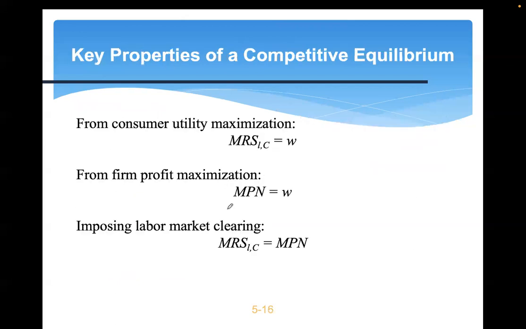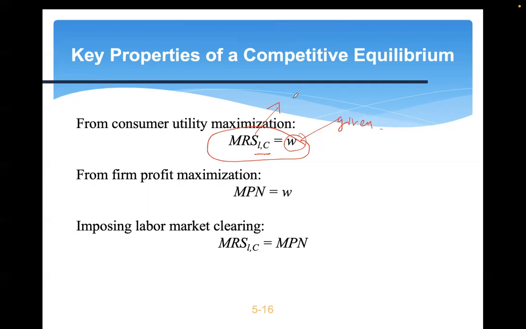So now we can derive some key properties of a competitive equilibrium. From the consumer side, we know this is going to be true. Consumers take wage as given. They are going to choose the consumption bundle of C and L such that the marginal rate of substitution, and by the way, what is the marginal rate of substitution?